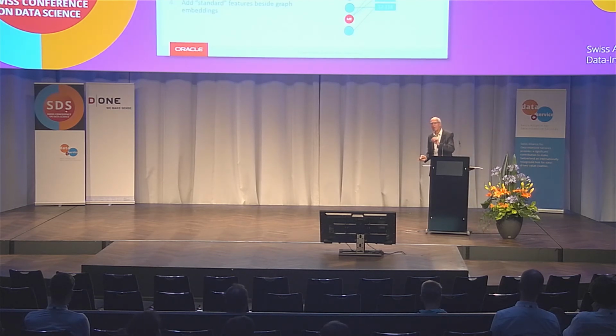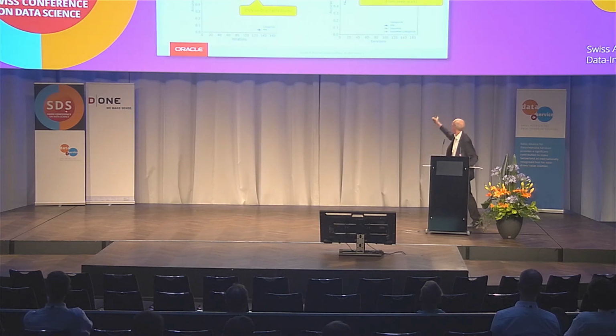So graph analytics can be a very powerful tool that complements your machine learning in that sense. And if you start to combine this, like in this approach which I was briefly illustrating with deep walk, then you can actually improve the accuracy of your neural network.